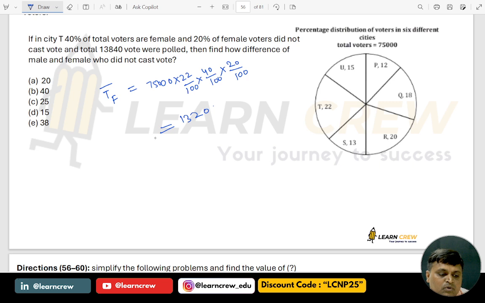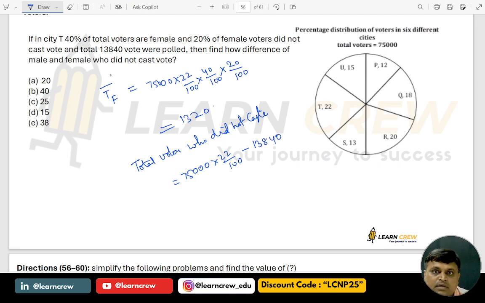So if I calculate, I will get as 1320. Now total voters who did not cast vote would be how much? In this 75,000, 22% minus how much? 13,840. Okay, it is given that total 13,840 votes were polled.